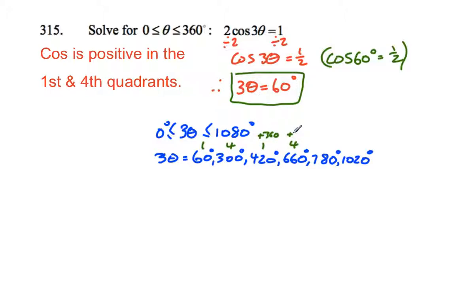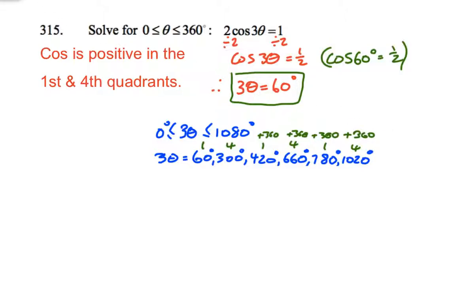So that gives you the angle that you'll hit in the right quadrants 1 lap later. Add 360. And then the first and the fourth quadrants here, that would be adding another 360. So get your teacher to explain this if you're not sure. It's quite an involved process.